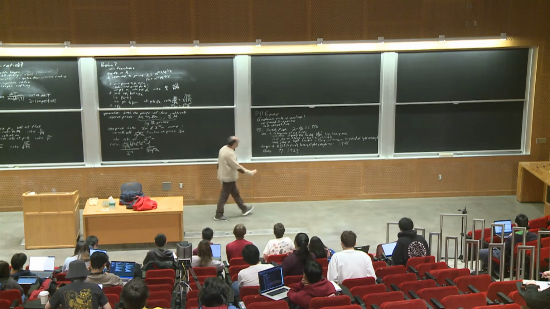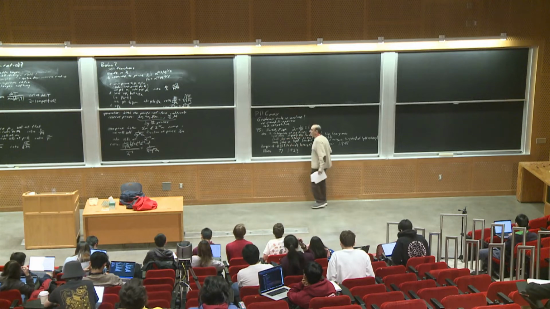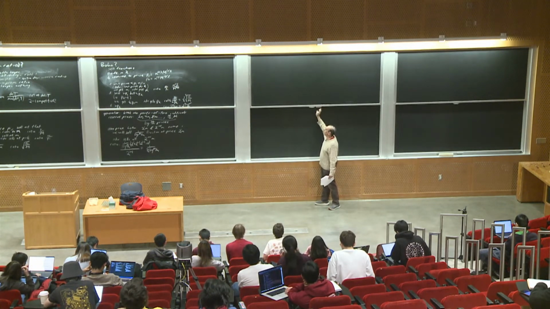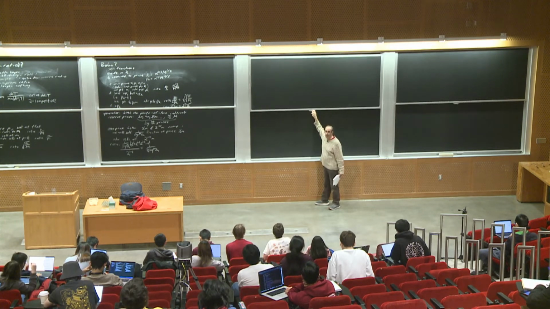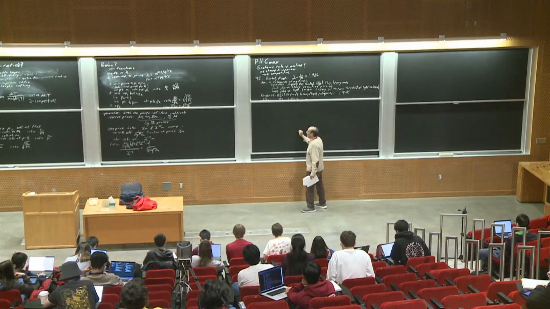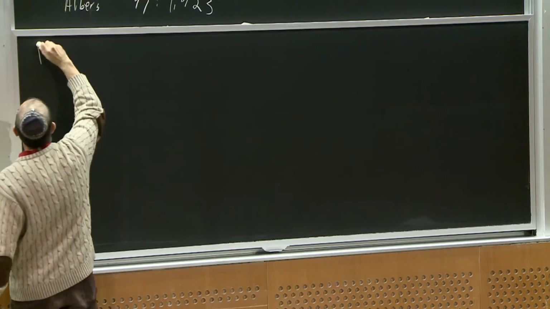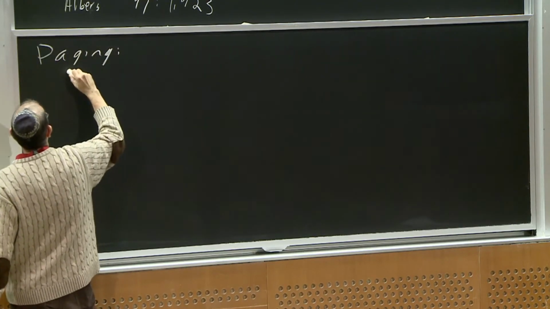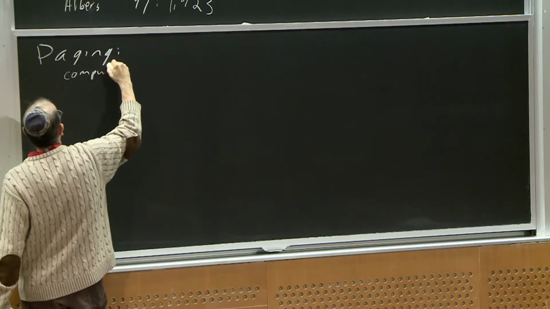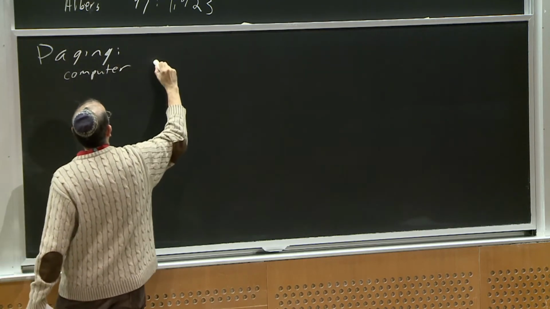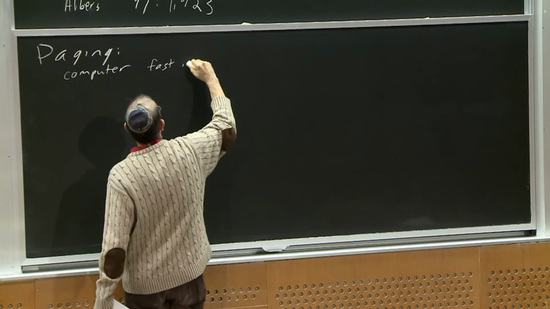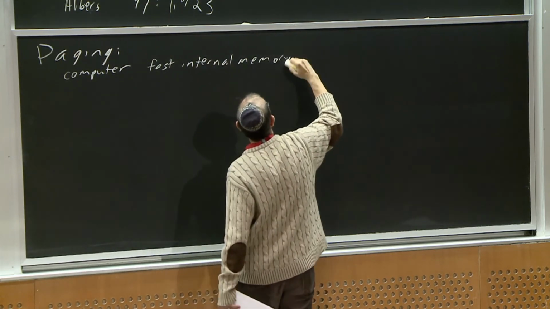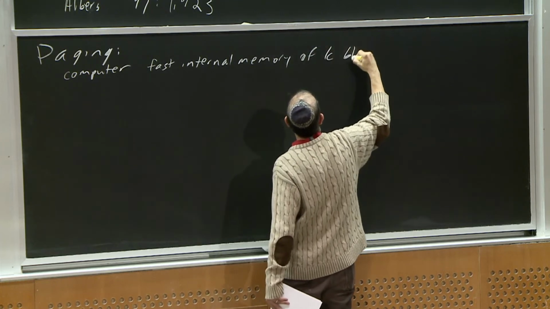Okay? So now that we've gotten through these preliminaries, these more basic algorithms, I want to show you the problem for which competitive analysis was actually created, which was the paging problem. So the idea behind paging is that you have a computer with a fast internal memory of k blocks.